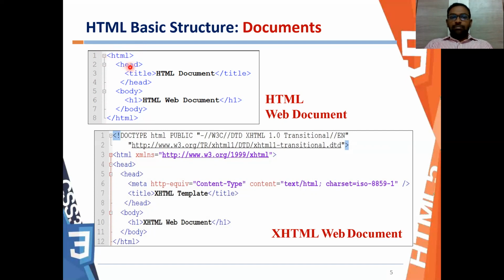Immediately after html, there will be a head tag, and after that we have the title tag. The title tag helps display the title on top of the browser window. If it is given as HTML document, that particular title will be displayed in that window.